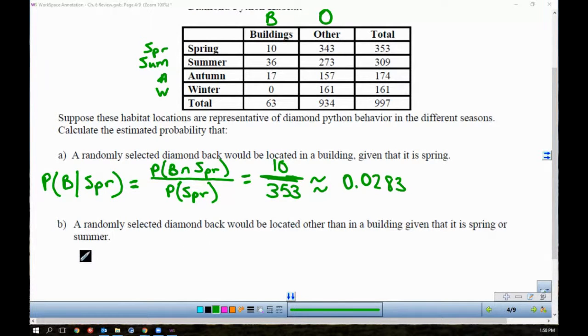B's asking the probability that a randomly selected diamondback would be located other than in a building, given that it's spring or summer.